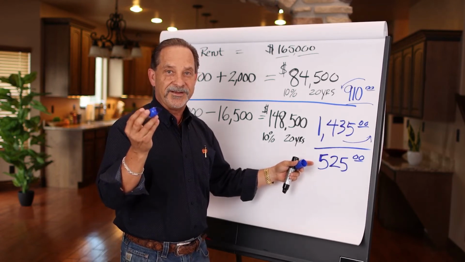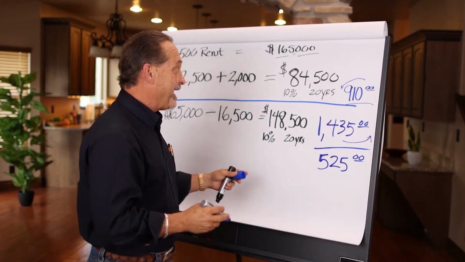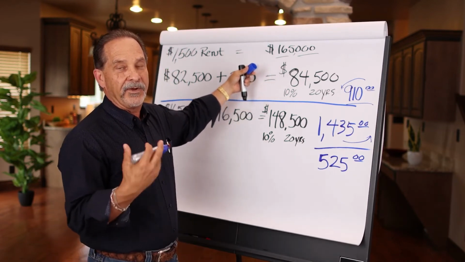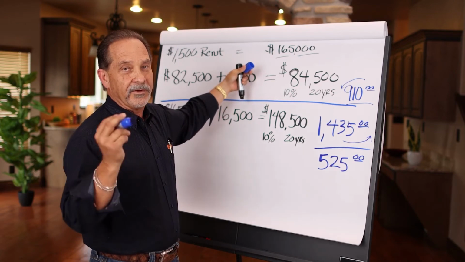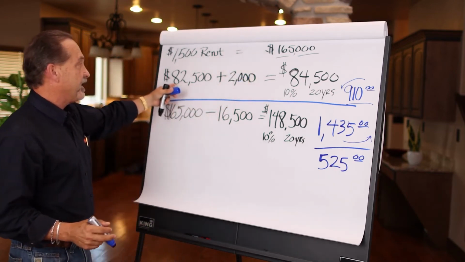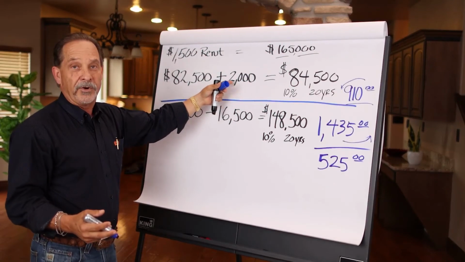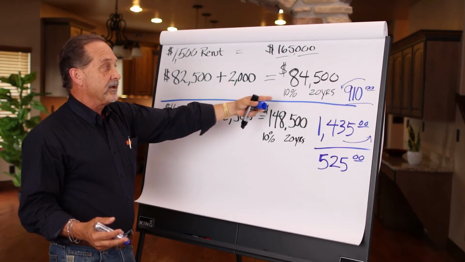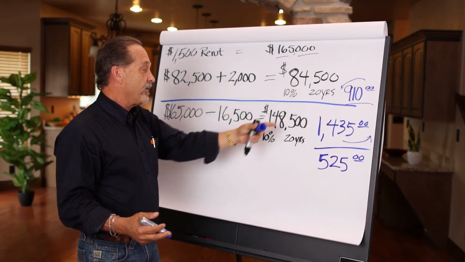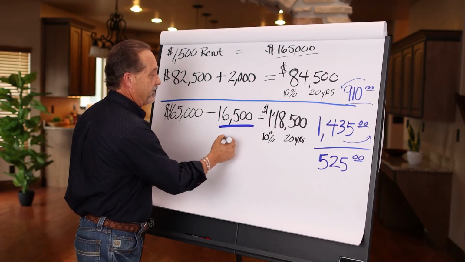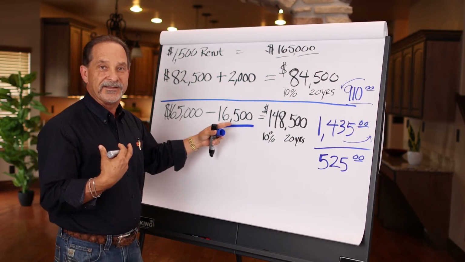How I like to look at it, and this is important to note, is: when I bought this house, how much of my money out of my pocket do I have in this house? Zero. I borrowed it all from a private lender. Not only did I borrow what it took to buy it, I also borrowed my advertising expense. So when I collect a $16,500 down payment, that's my money.